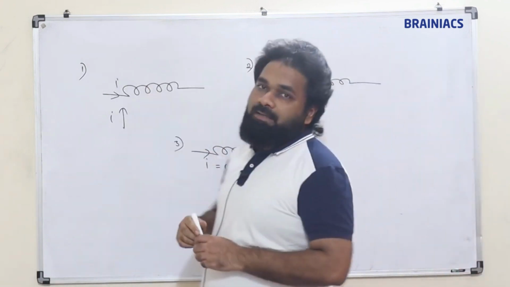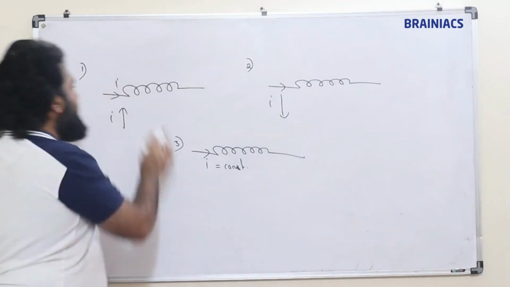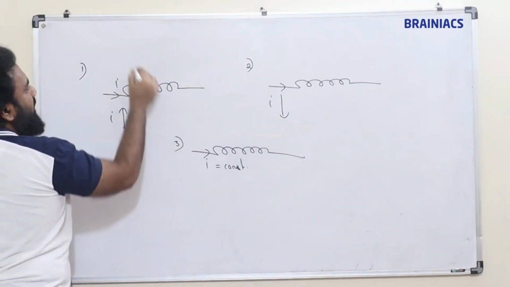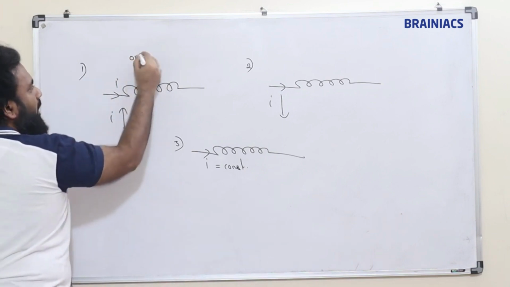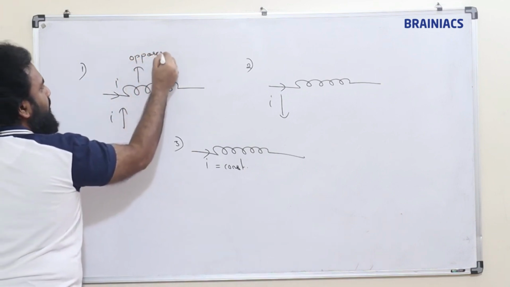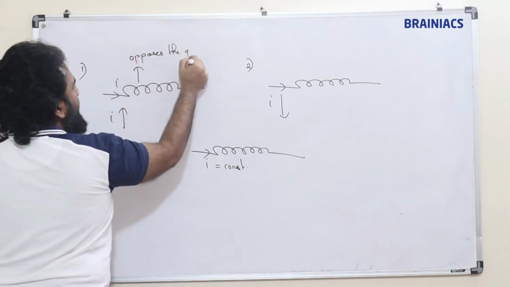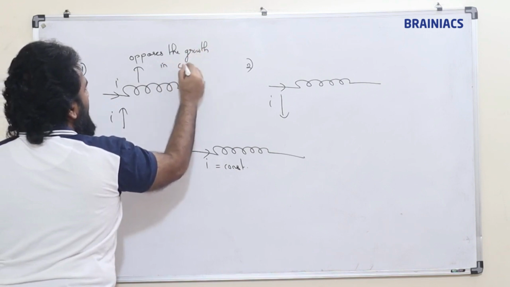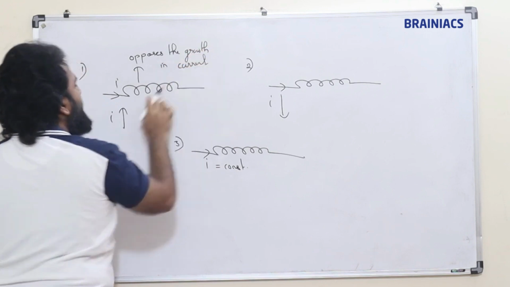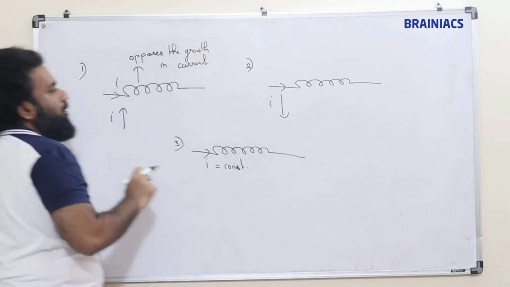If current is increasing, then the induced EMF will oppose, or this coil opposes the growth in current. So this will try to oppose that growth in current.